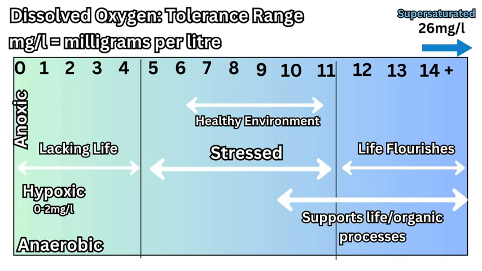It's beyond 100%, and you have just an excess of DO. And in that case, you might have dissolved oxygen diffusing from the water back into the atmosphere. But these areas are great to support life, and a lot of these marine or aquatic organisms flourish in a higher dissolved oxygen environment above 12 milligrams per liter.